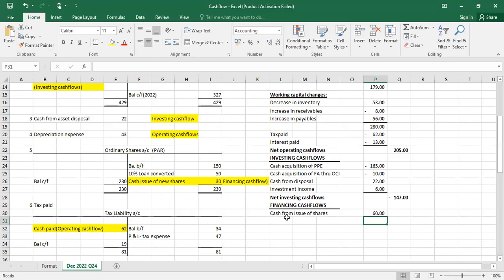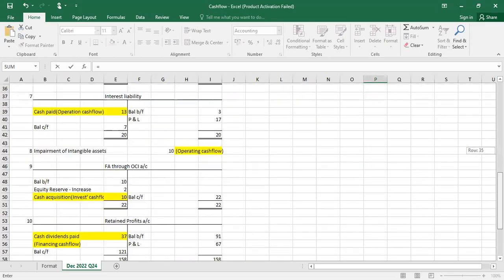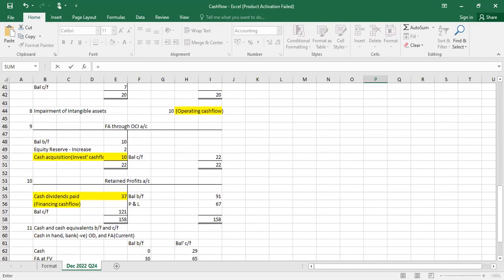What other financing cash flow do we have? There was cash dividend paid. The cash dividend paid was in which working? The working for the retained profits account. Now that was working number 10. When you check working number 10, we had computed a cash dividend paid of this 37.